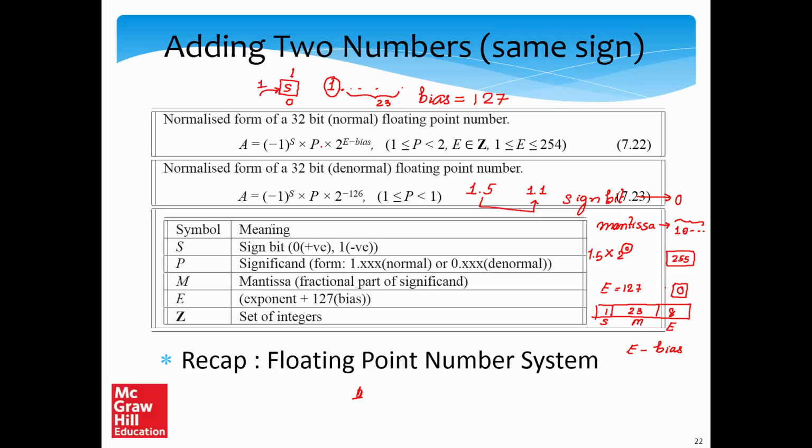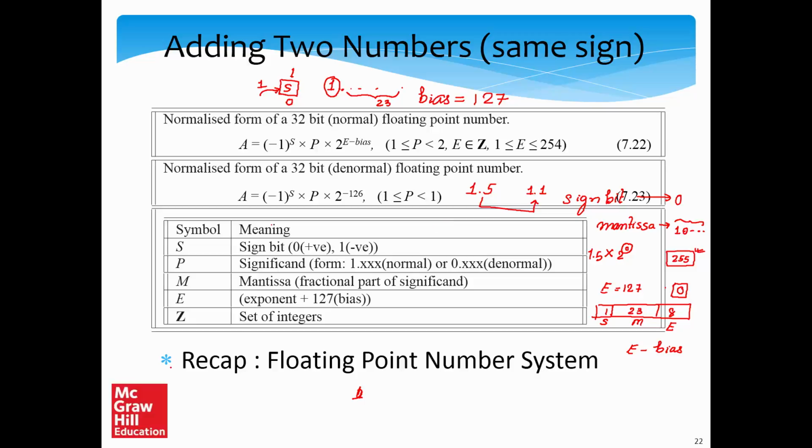Otherwise, if the significand is non-zero, it represents a special kind of number called a denormal number. If the exponent is 255, which is the highest value, and the mantissa is all zeros, then it can be either positive or negative infinity. If the mantissa is not 0, then it's not a number, NaN.